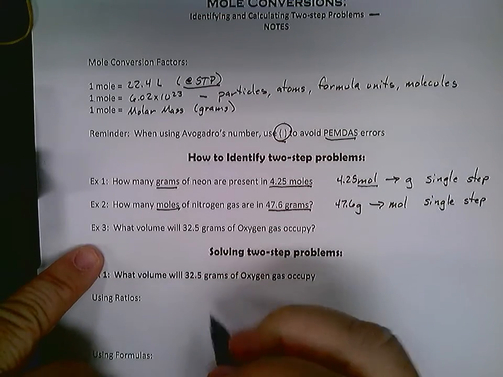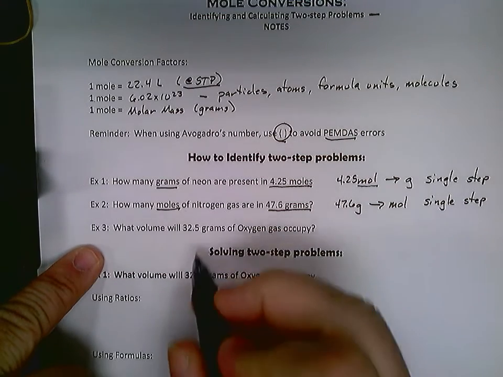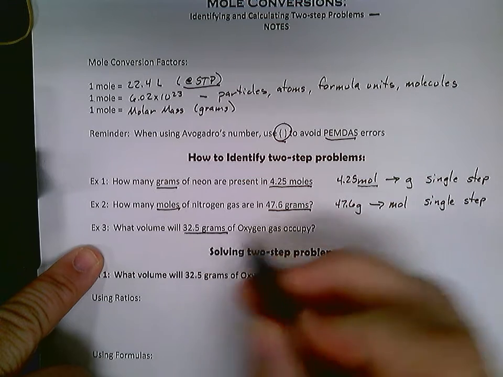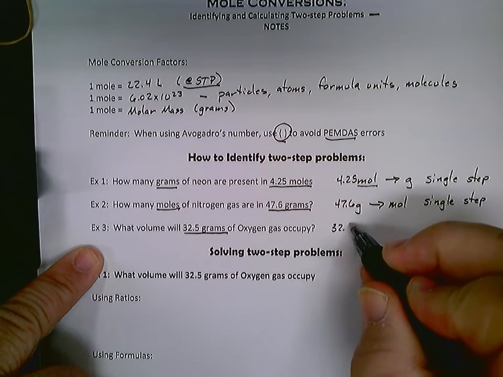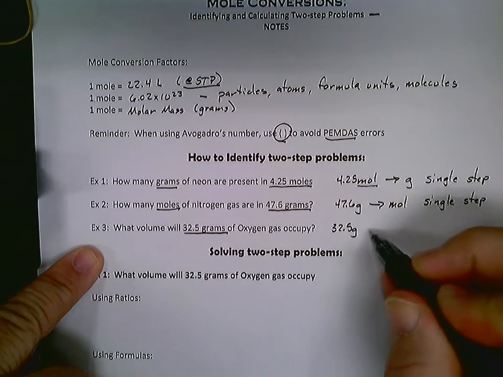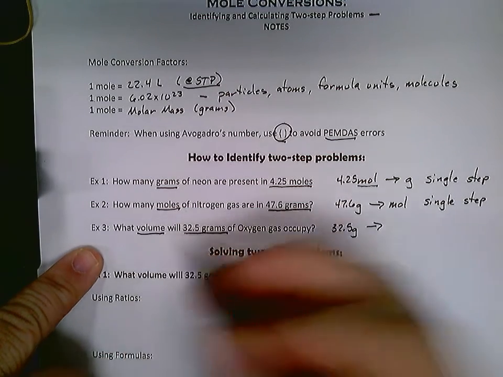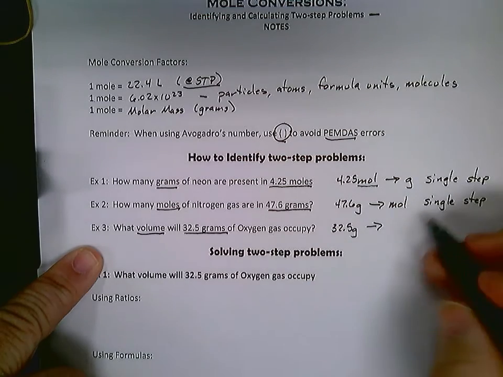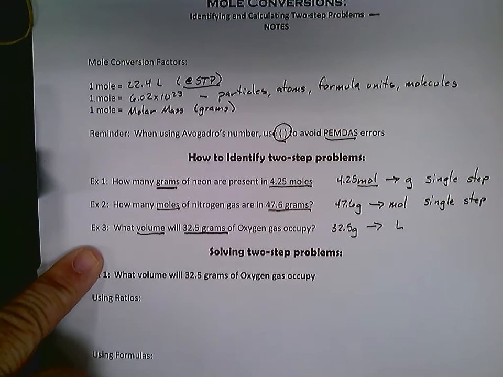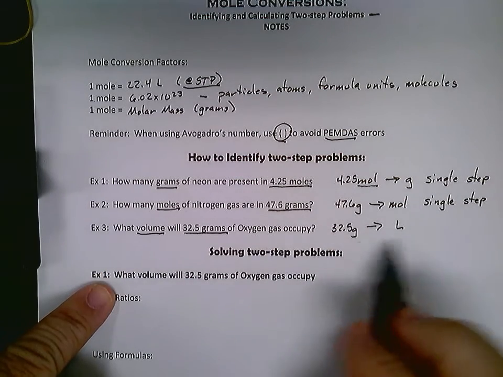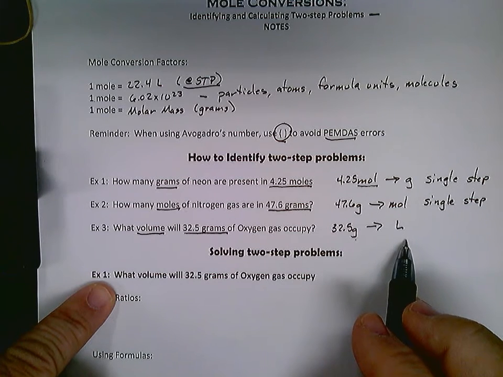In the last example, if we look at what we're given, 32.5 grams of oxygen gas, and we want volume. Volume, remember, is liters. You do not see moles mentioned.